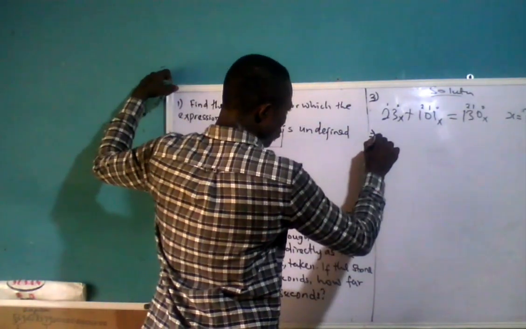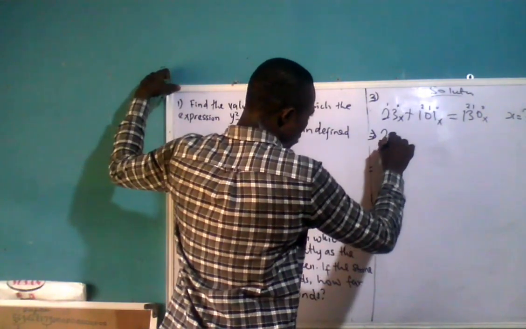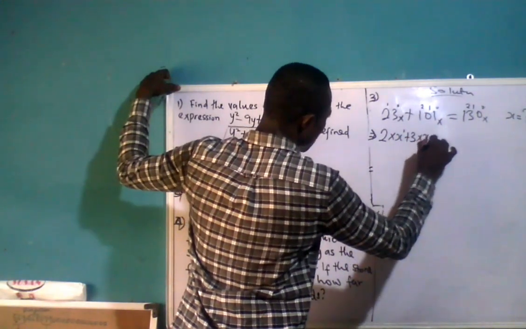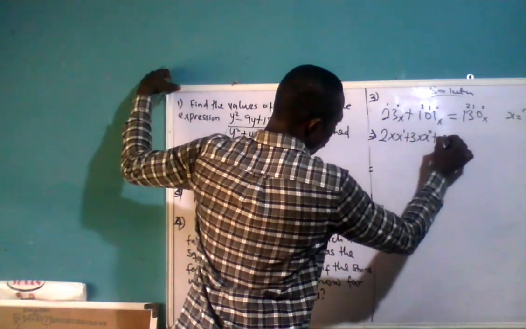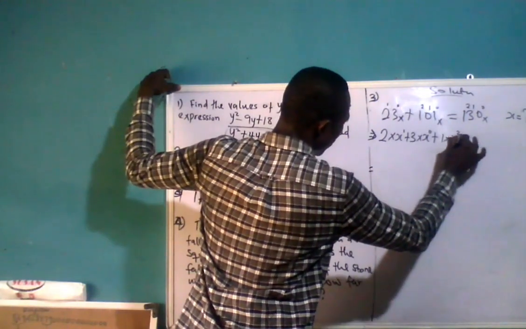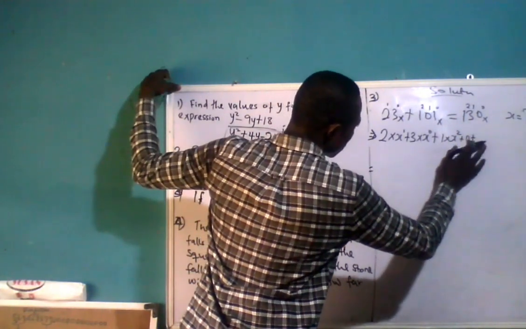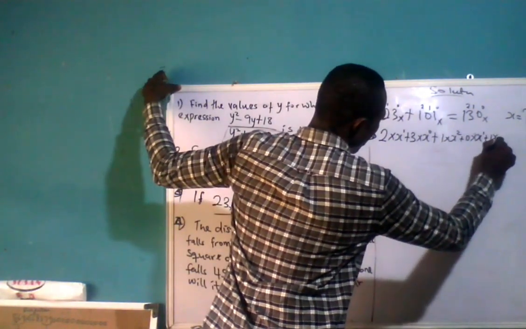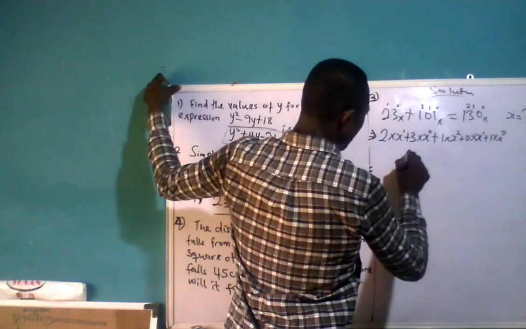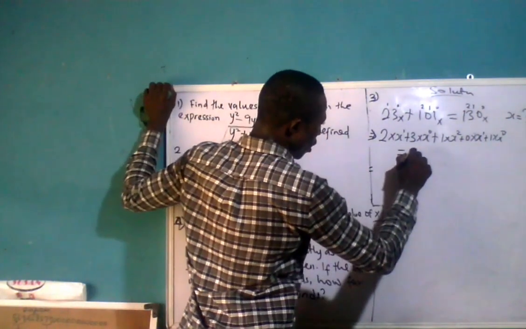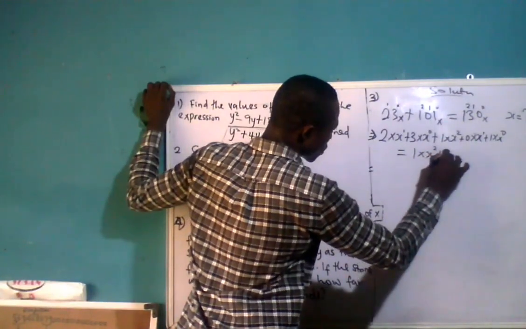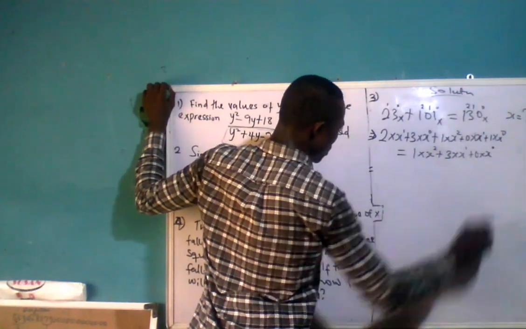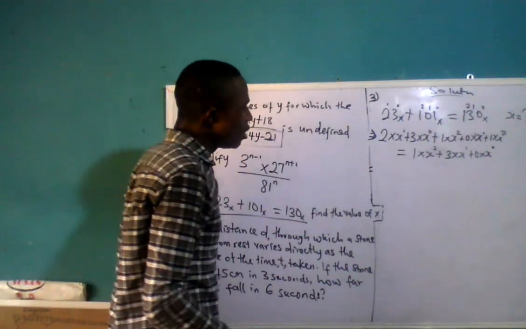So that you can go by the way of multiplication. 2 times x raised to power 1, plus 3 times x raised to power 0, plus 1 times x raised to power 2, plus 0 times x raised to power 1, plus 1 times x raised to power 0, is equal to 1 times x raised to power 2 plus 3 times x raised to power 1 plus 0 times x raised to power 0.